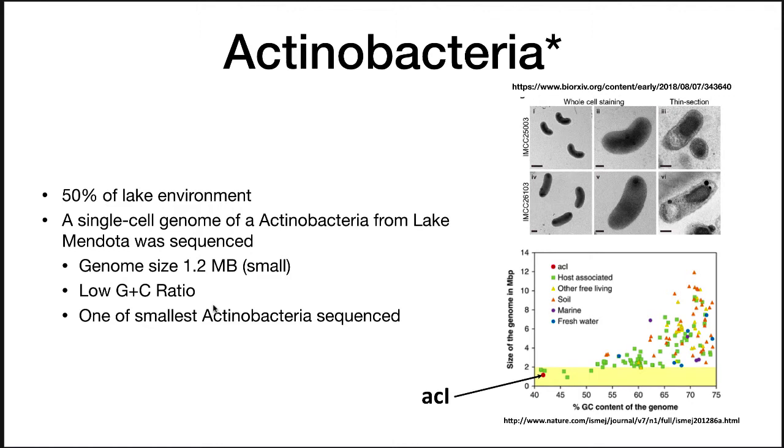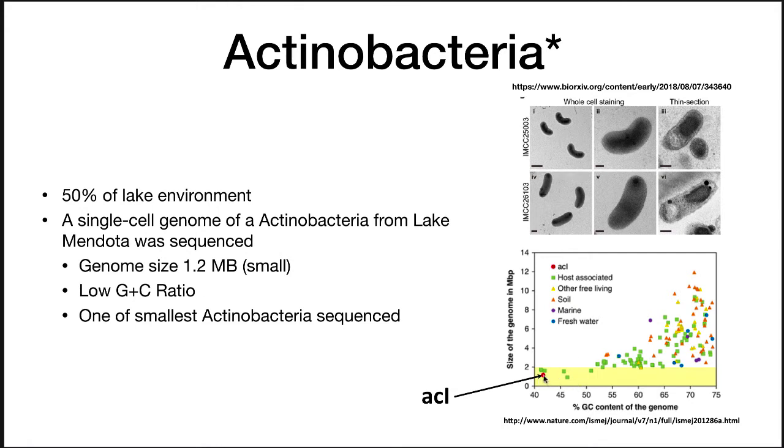It's small, about 1.2 megabase pairs. It has a low GC ratio. And AC1 is one of the smallest genomes of free-living organisms ever sequenced. You can see here a graph of G plus C content versus size of the genome in megabase pairs, and it compares a whole bunch of other organisms to AC1.